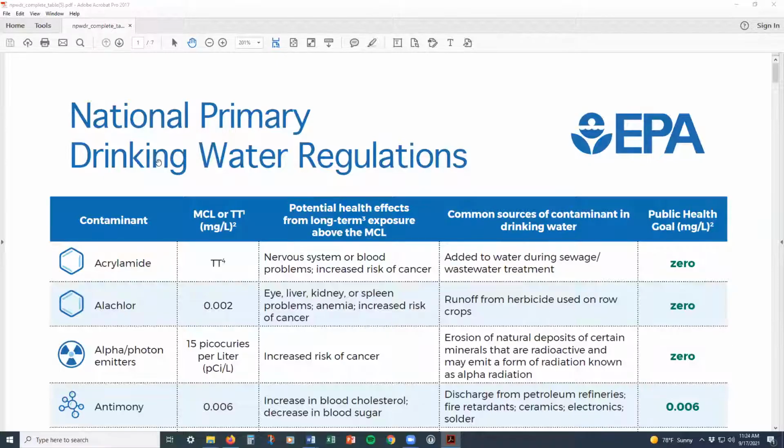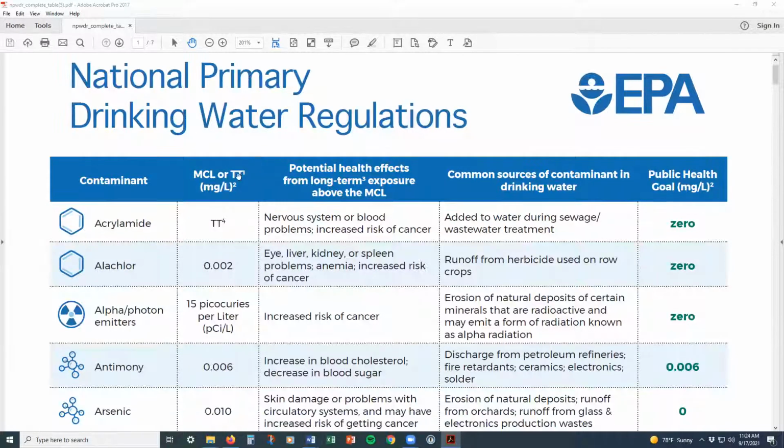And on this website, it's going to give you a PDF. There it is.